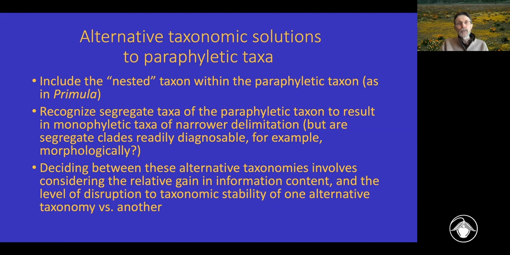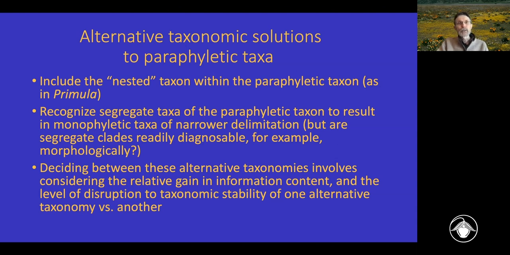And that's a really important criterion. So we definitely want a taxonomy that's usable and where the major groups are diagnosable, hopefully morphologically, but we also don't want to disrupt the stability of taxonomy unnecessarily, because taxonomy really serves an important function in communication about plant diversity, as everyone can appreciate.